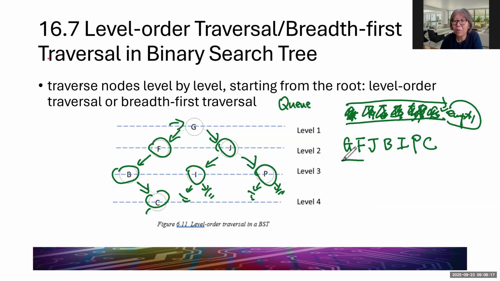So we can see the output is level by level. It's G, and then F J, then B I P, and then C. So this is what we call breadth first traversal. Breadth first traversal needs to take advantage of the queue structure.